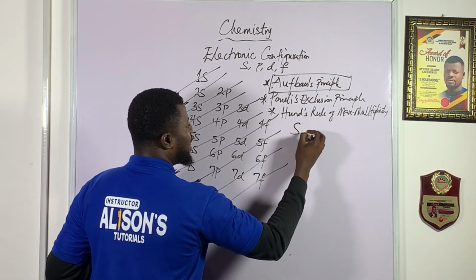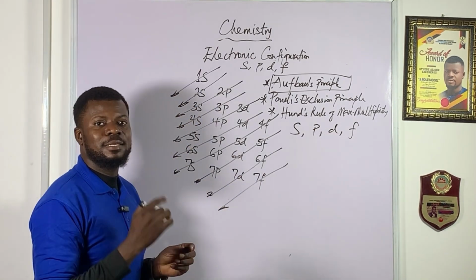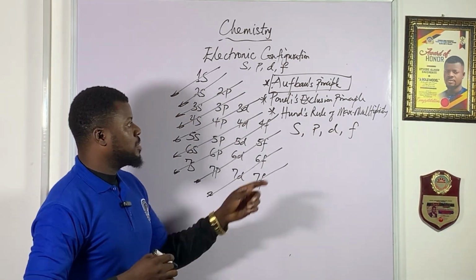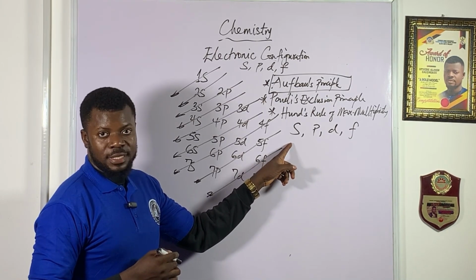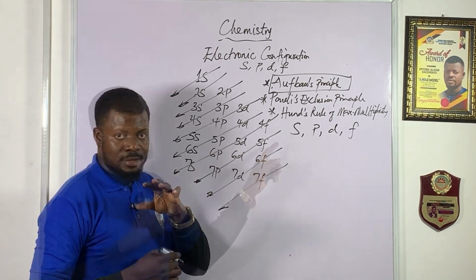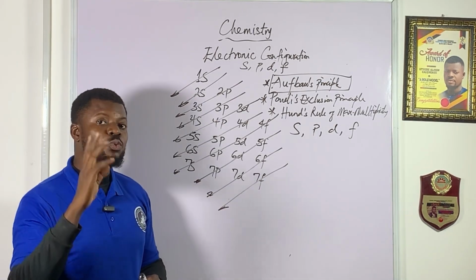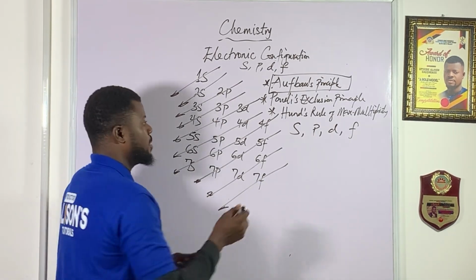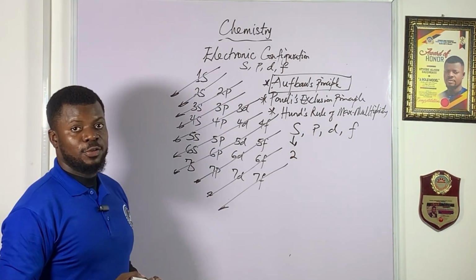The orbitals are S, P, D, F. What is the maximum number of electrons that the S orbital can take? The S orbital takes a maximum of 2 electrons.